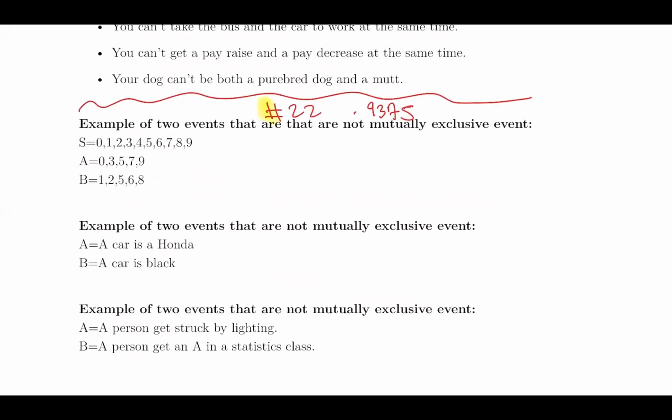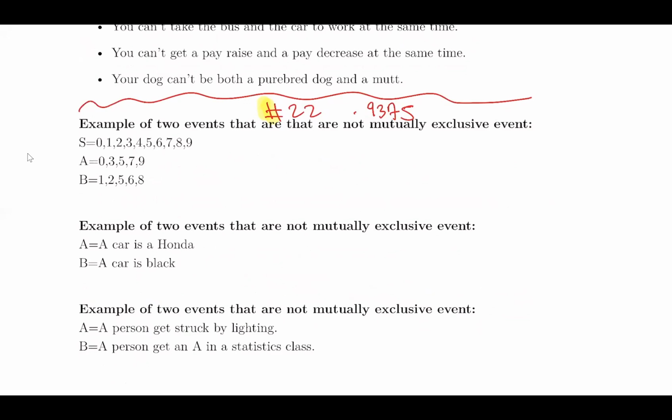Today we're going to go over examples of events that are not mutually exclusive, so you can see the counterpart, because I already showed you a bunch of examples of mutually exclusive events. So let's go over the first one.